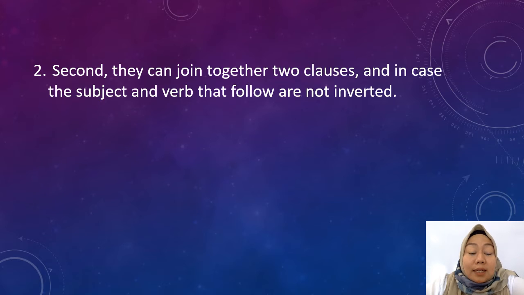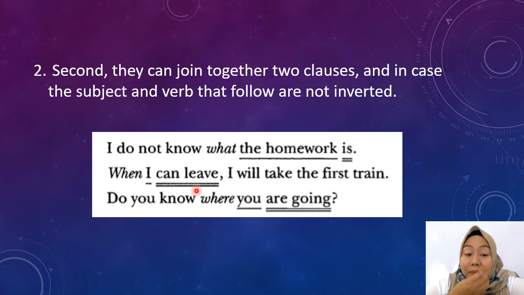All right, the second, they can also join together two clauses. And please keep in mind, if they join together two clauses, then the subject and verb that follow are not inverted. Let's take a look at the example. Here, I do not know what the homework is.